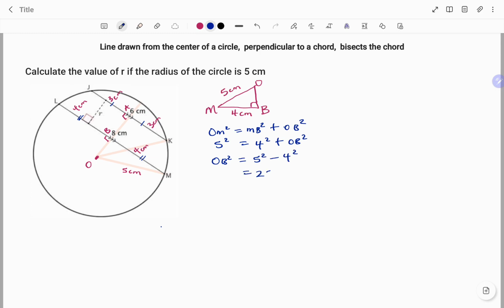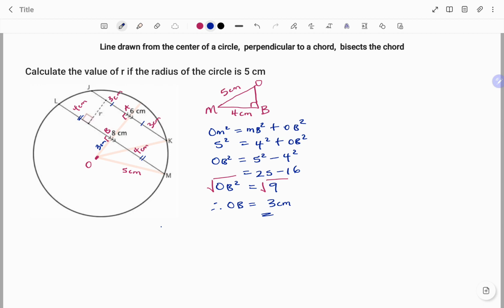That will be 25 minus 16, that's 9. To find OB, I'm going to find the square root of both sides. Therefore, the line OB is equal to plus or minus 3. I'm taking 3 because we are talking about distance. We don't have negative distance, but positive distance. So putting that back in the diagram, I have OB to be 3 centimeters.